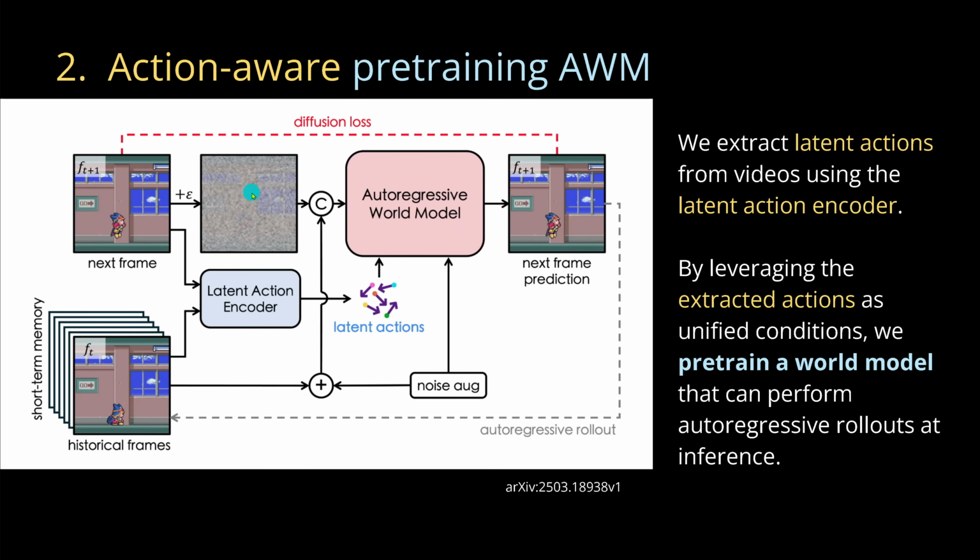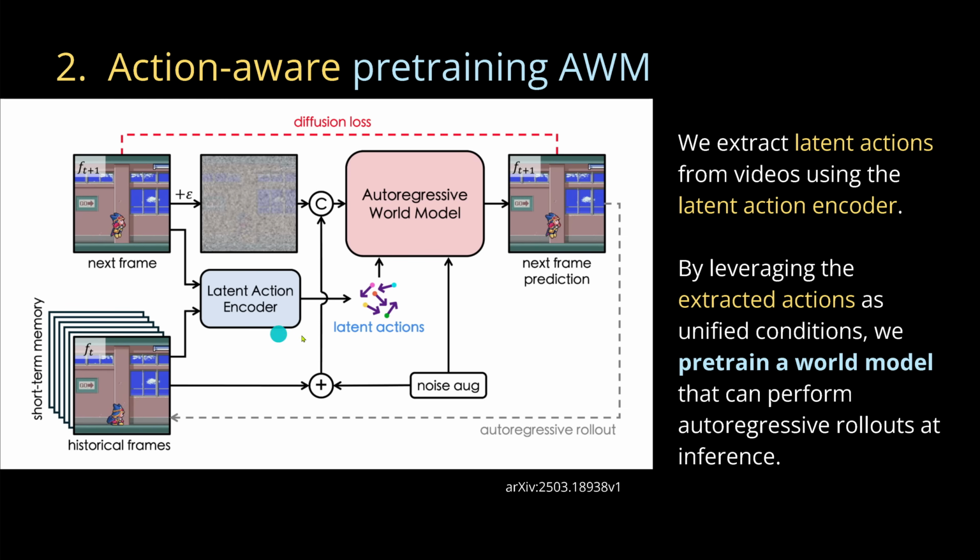this is now where we say, okay, we have a diffusion model, so we have a diffusion loss, but never mind. Again, we use our latent action encoder. So we extracted a latent action from the video using, in step 1, the latent action encoder, this one here. And by leveraging the extracted action as a unified condition, we now pre-train a world model, our autoregressive world model, that can perform autoregressive rollouts at inference.